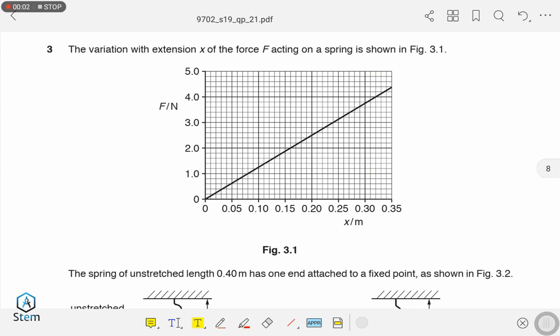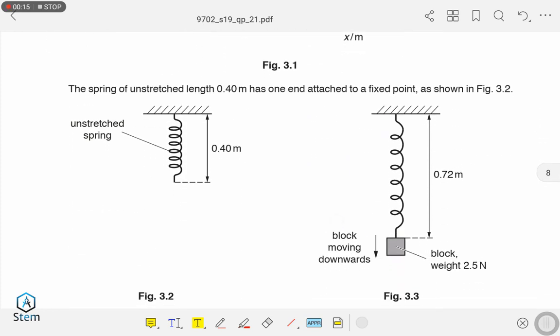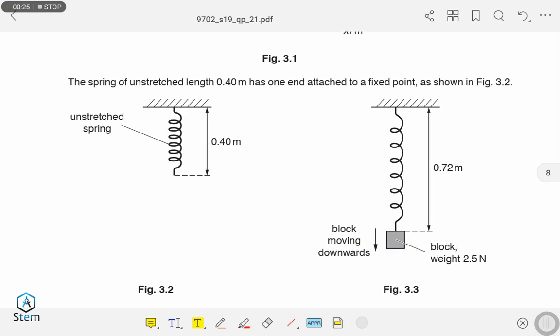Now to question number 3. The variation with extension x of the force acting on a spring is shown in the graph below. The spring of unstretched length and so on, everything makes sense. We start with a spring that is unstretched, then we end with a spring that is stretched.